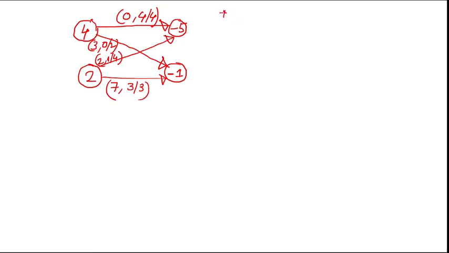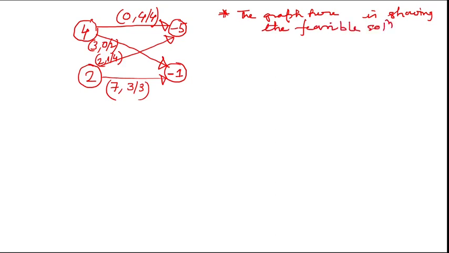So you can just write here that the graph is showing the feasible solution using max flow. That means this output is obtained using max flow.